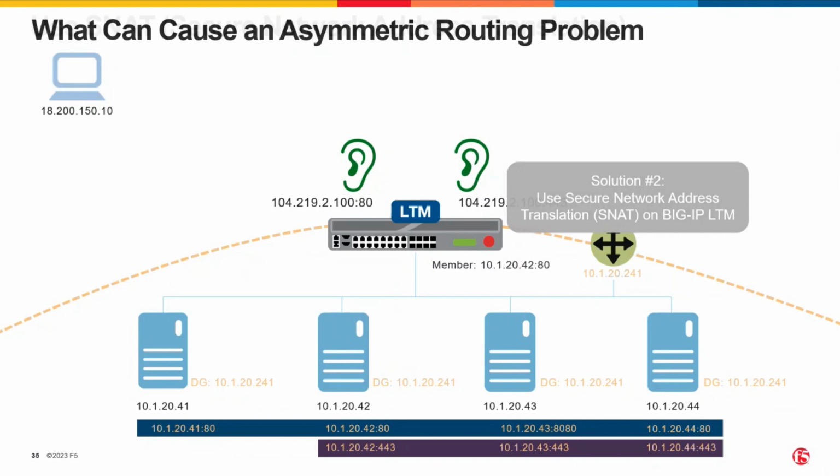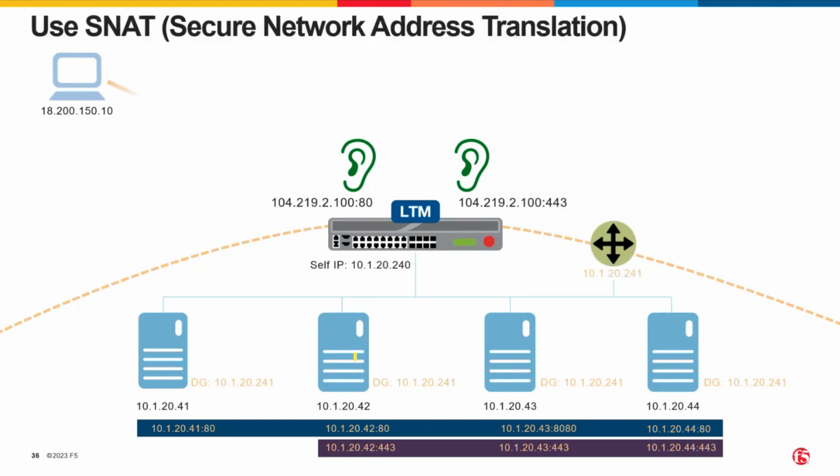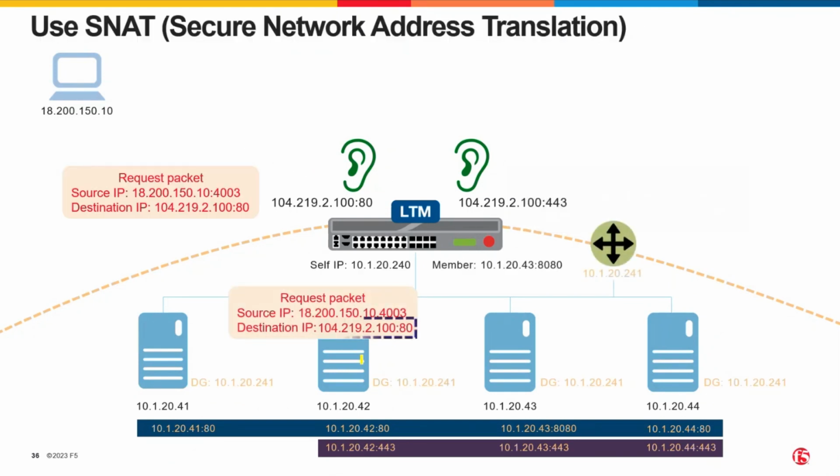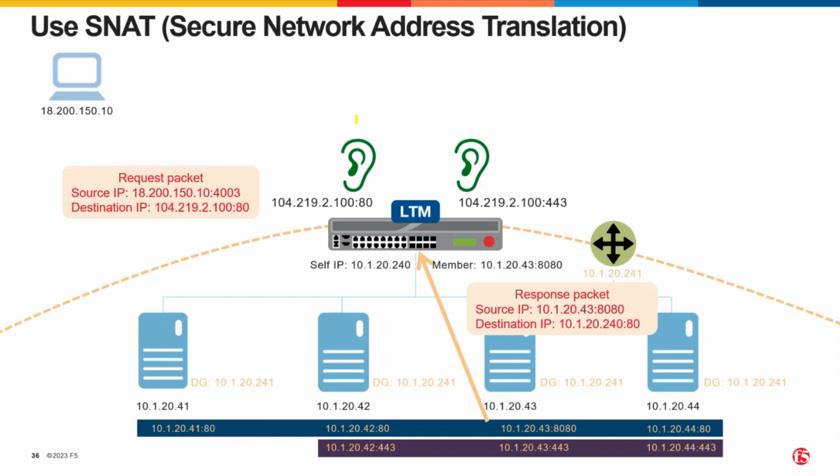It means that this backend server knows that this response has to be sent through BigIP. This is the response back to the client, and it has to be sent back through BigIP. And this is the most common configuration in most of the environments.